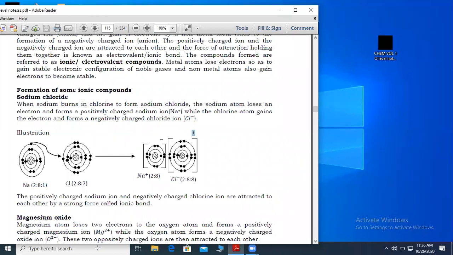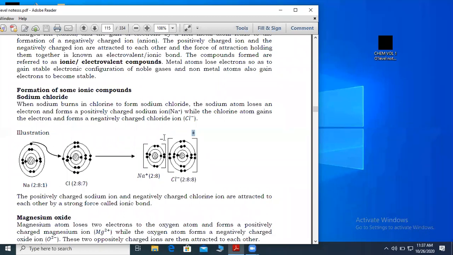So the sodium that loses the 1 electron in the outermost shell will remain with the 2 shells. This is the first one, as you can see, it is here, and this is the second one. It is also there. But the outermost shell that contained 1 electron, the electron has been lost, so the shell is empty.